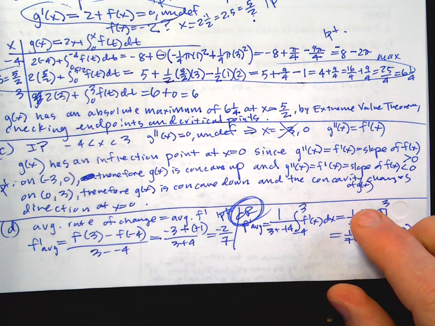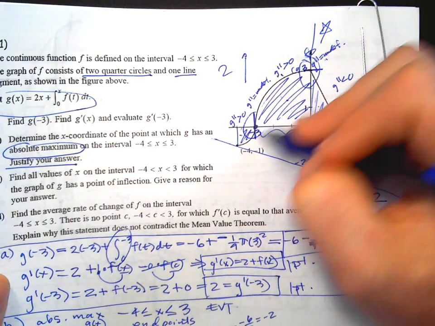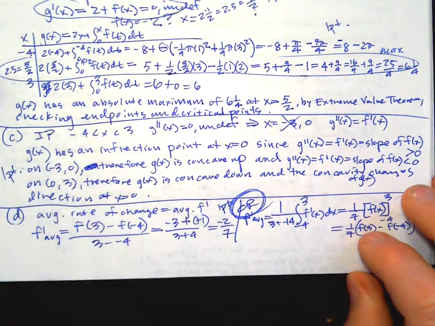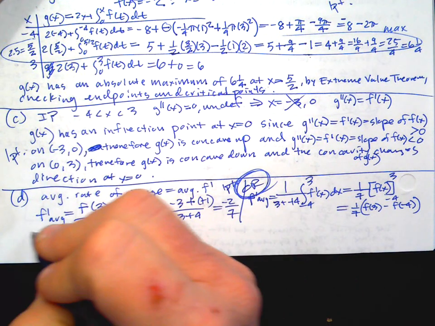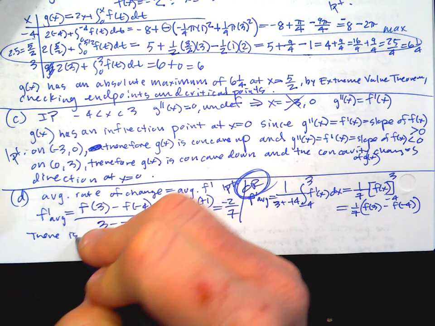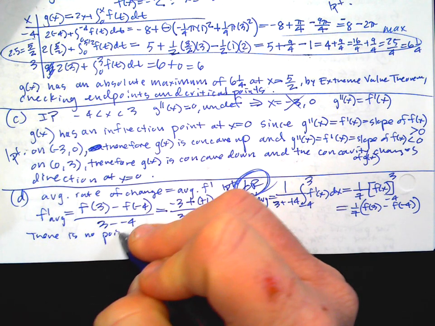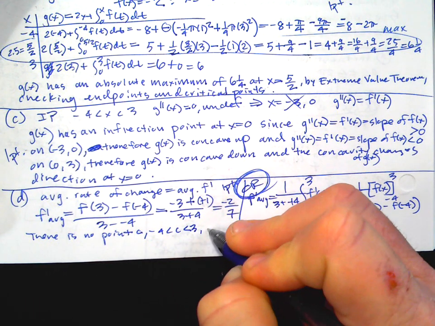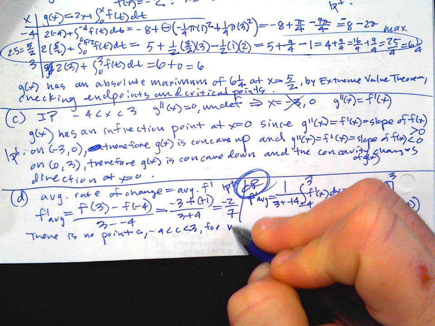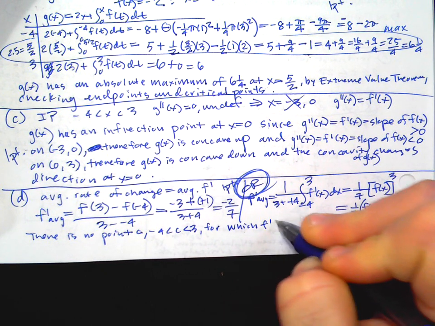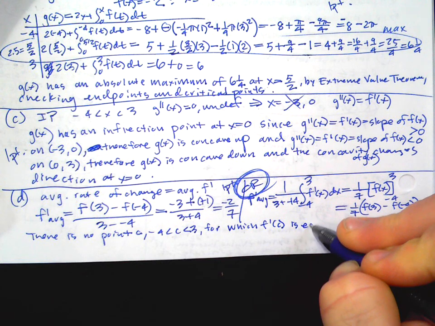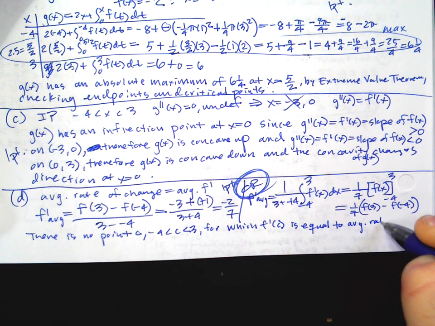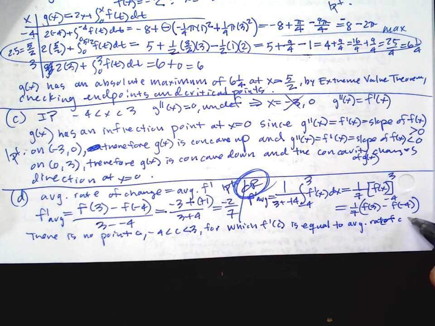And it's also not differentiable here. There's 2 points. So I think we got to identify both of them. So we're going to say there is no point C between -4 and 3 for which f prime of C is equal to the average rate of change.